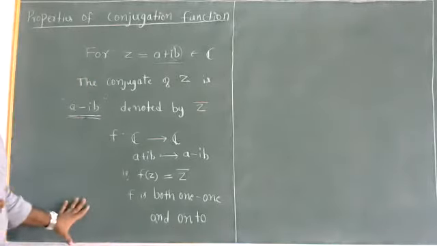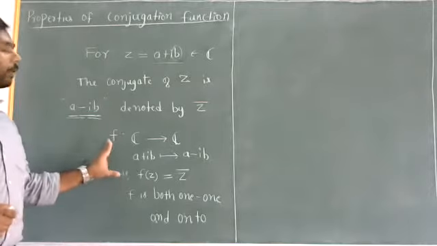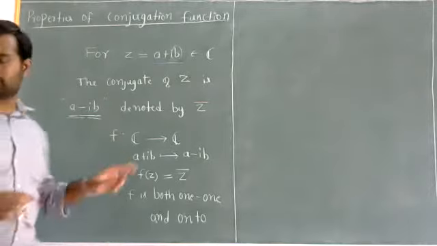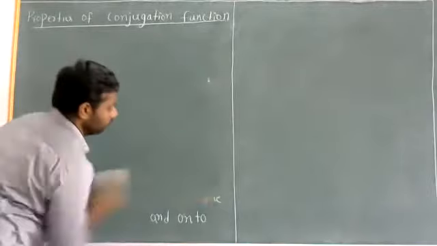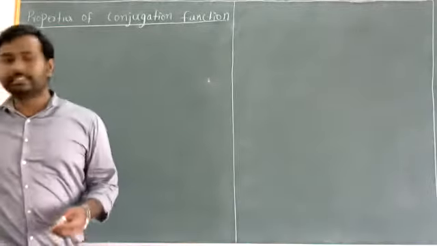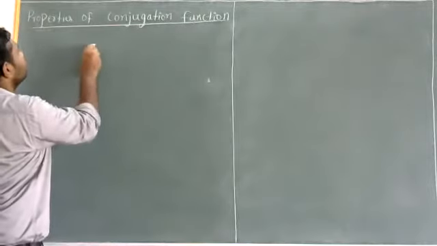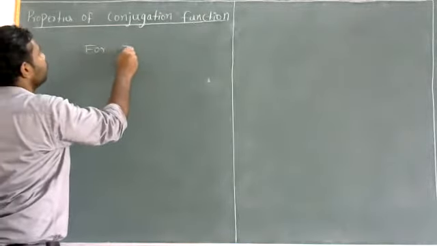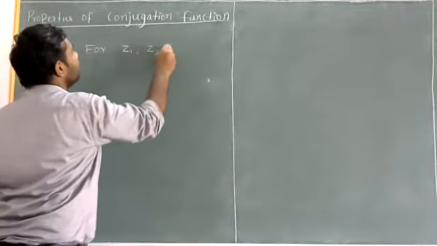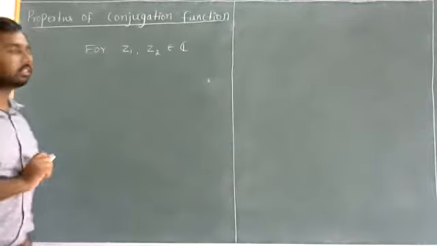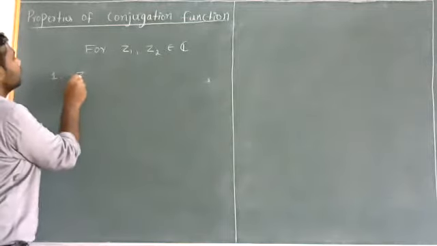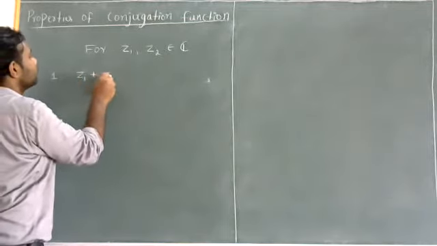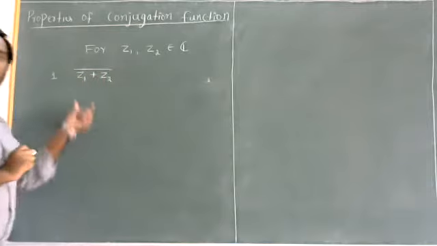Now, in this session, we shall study some of the properties of this function. Right? So, properties are, for any two complex numbers z1 and z2, the first property is z1 plus z2 whole bar.